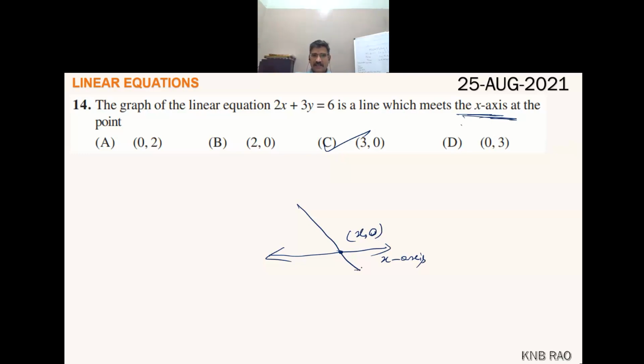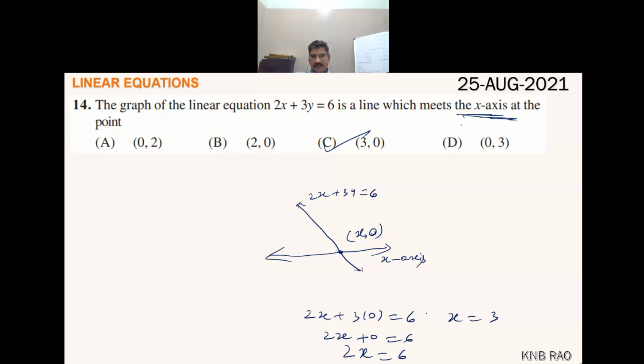So in the equation 2x plus 3y equals 6, the point x comma 0 lies on it too. Substitute: 2x plus 3 into 0 equals 6. 3 into 0 is 0, so 2x plus 0 is 2x. 2x equals 6, x equals 3. Have you understood now?